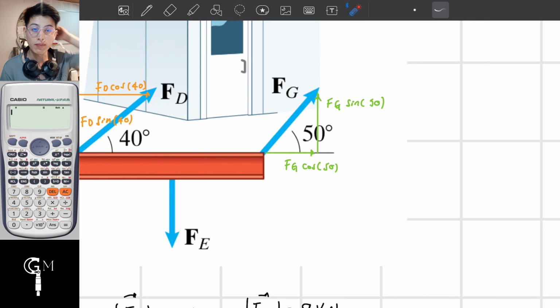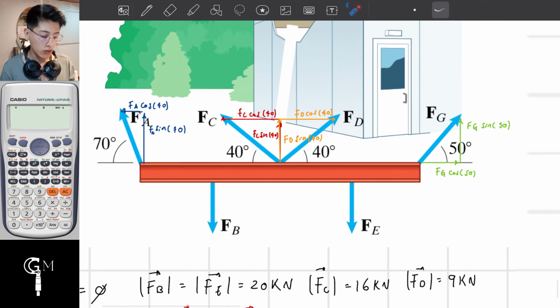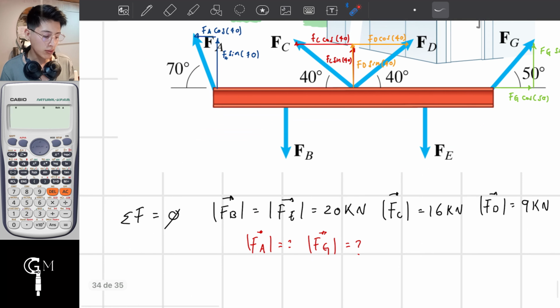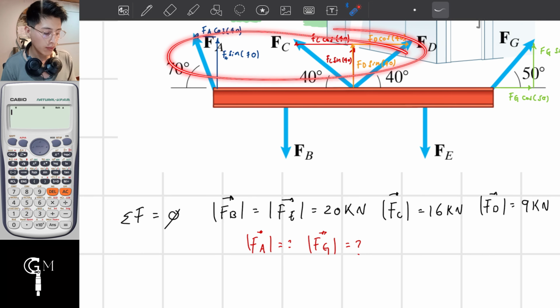The sine of 50 is equal to the opposite cathetus divided by the hypotenuse, which means that the opposite cathetus is equal to the sine of the angle multiplied by the hypotenuse. This analysis goes for all the other three vectors.